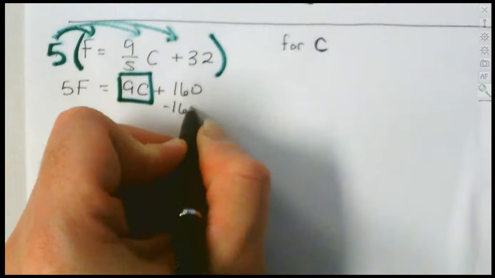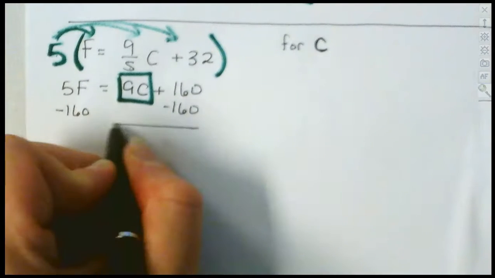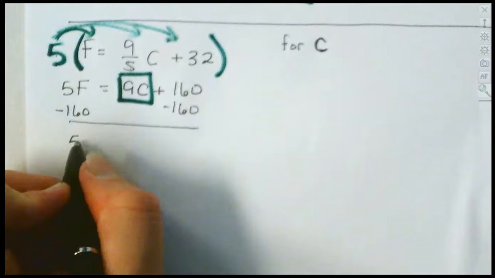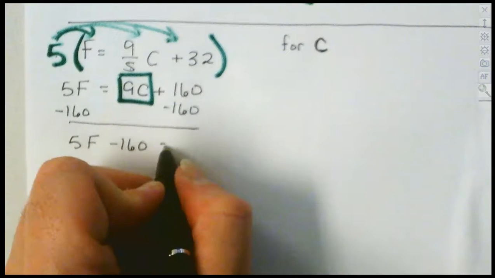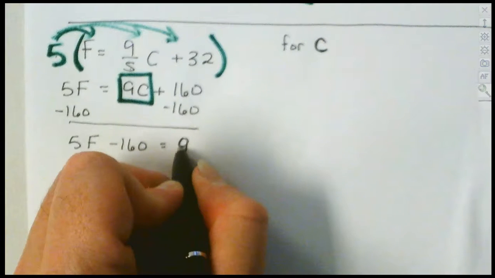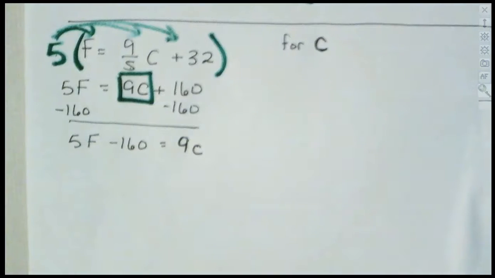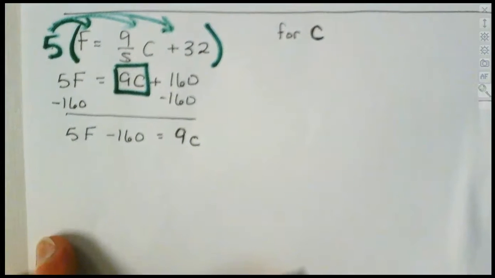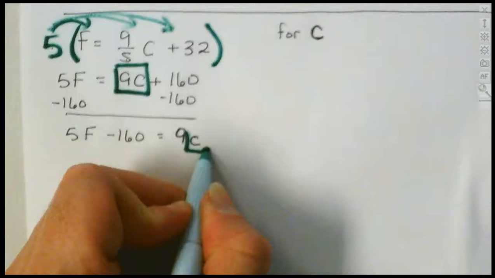So we're going to move that 160 over. Now we've got 5F minus 160 equals that 9C. Okay, and we want to still solve for that C. So we want to get that C now by itself, which is here.